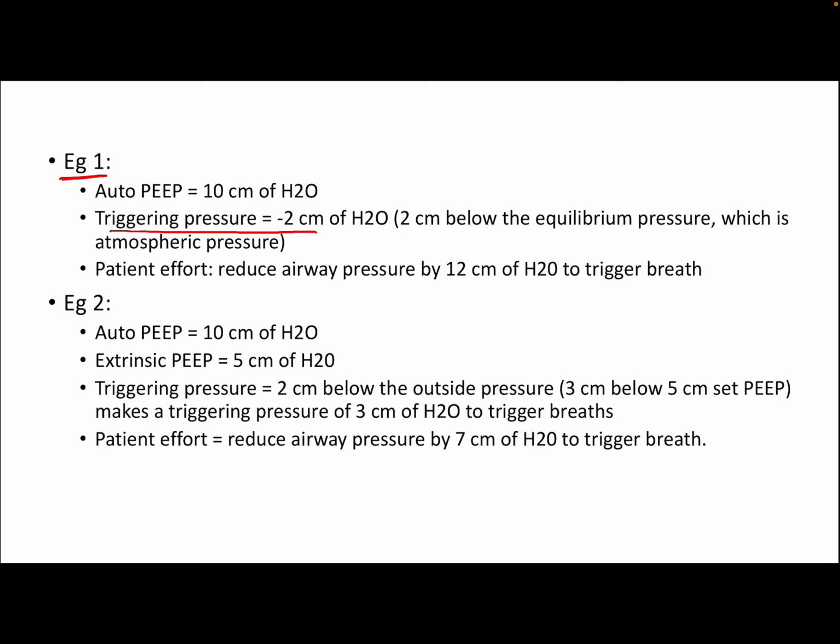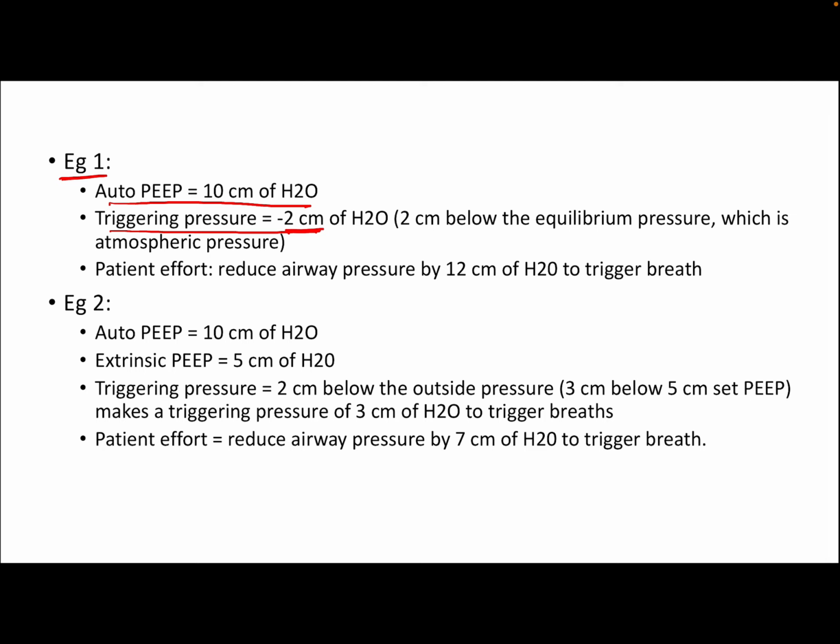Suppose the COPD patient's auto PEEP, the intrinsic PEEP, is already 10 centimeters of water. Then the patient has to reduce the pressure first to 0 and then reduce it by a further 2 centimeters of water to reach that -2 centimeters of water pressure.